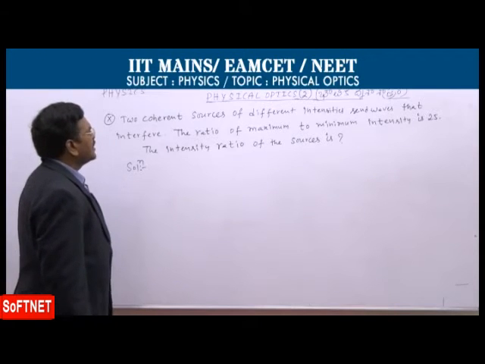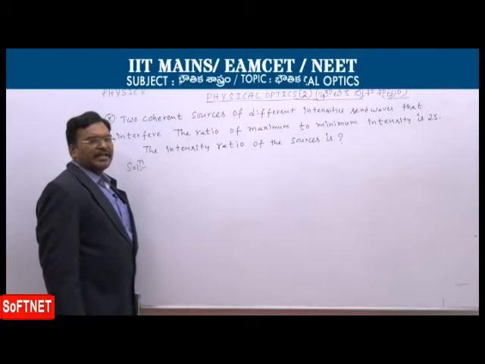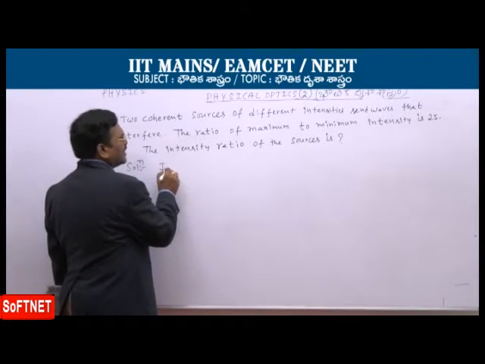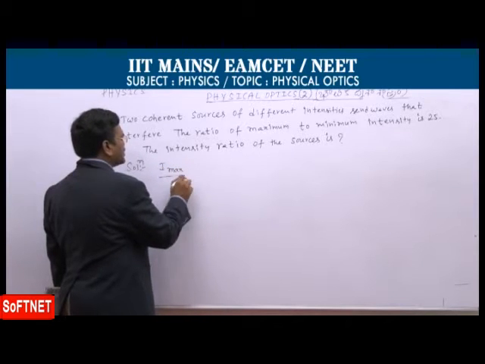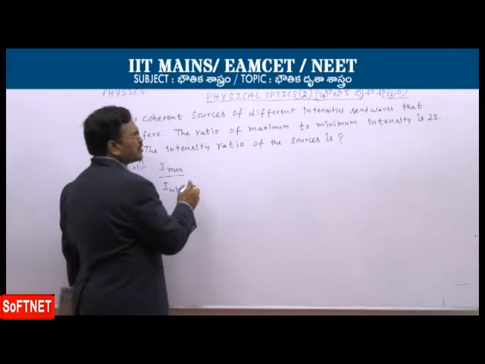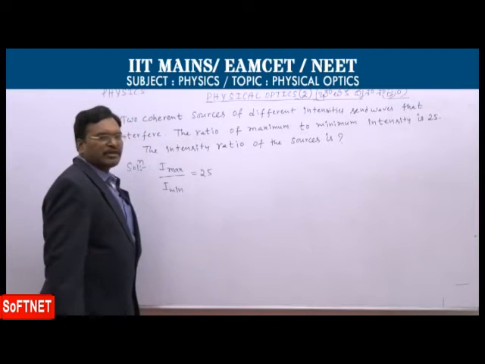Now suppose the two waves have intensities I1 and I2. What is given here actually? The ratio of maximum to minimum intensity, I maximum by I minimum, is 25.